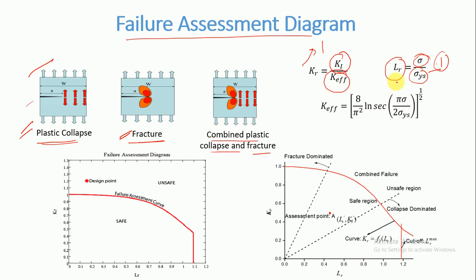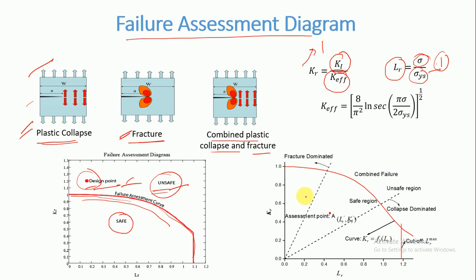So we can make a diagram with a boundary layer showing the safe zone and the unsafe zone. If the design point is outside this failure assessment curve, then we can decide that this design point is unsafe. We should not go for this design point.